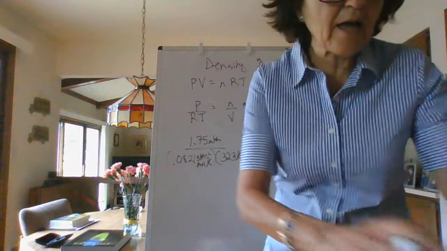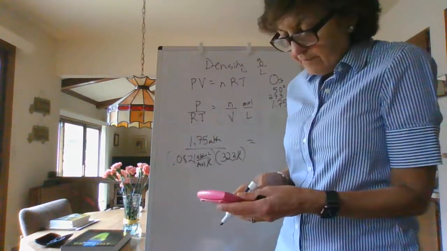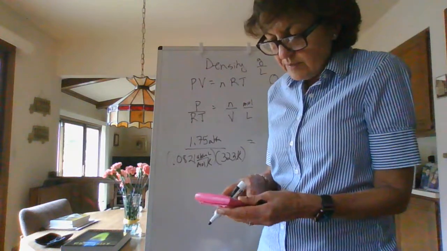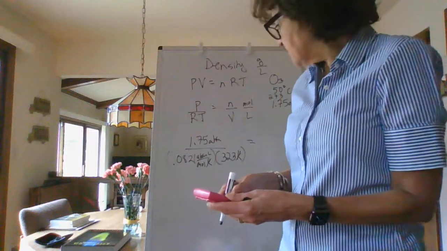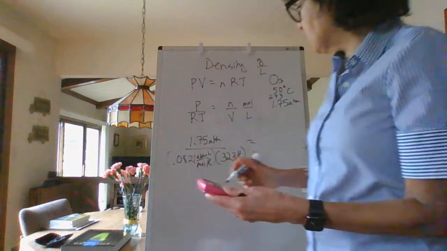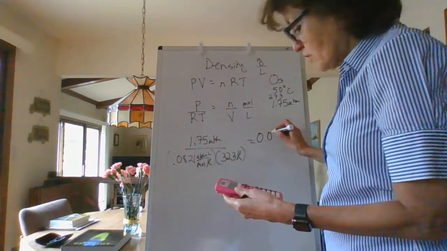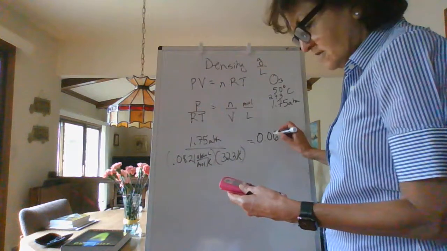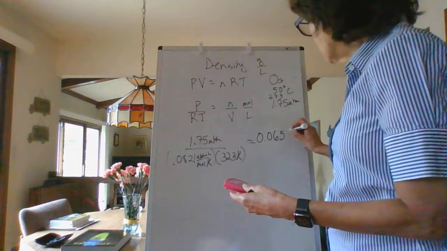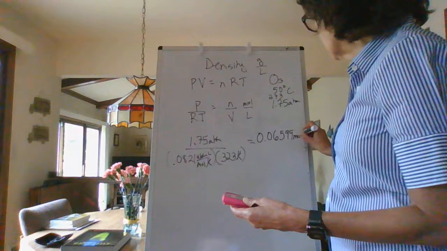So we plug in the math, plug in the calculator. I have 1.75 divided by 0.0821 divided by 323. Anything in the denominator, I press the divide button, and I get 0.06599 moles per liter.